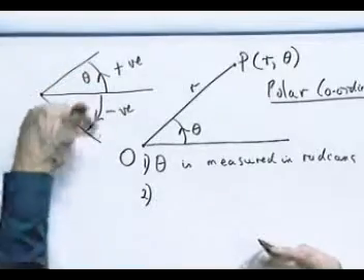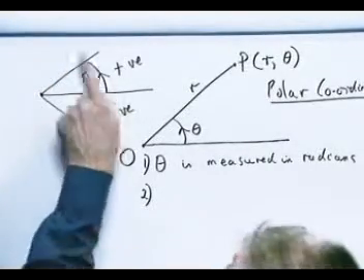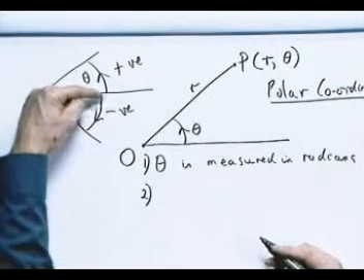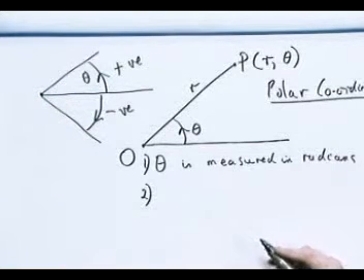So in just the same way as we had an arrowhead on our axes x and y, in a sense we've got arrowheads here distinguishing a positive direction for theta and a negative direction for measuring theta.